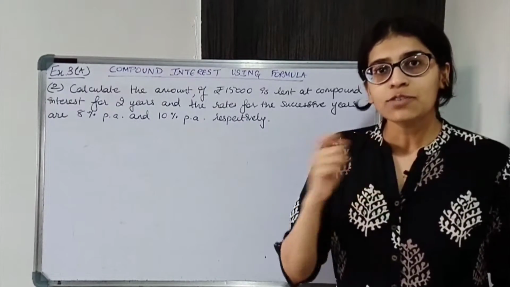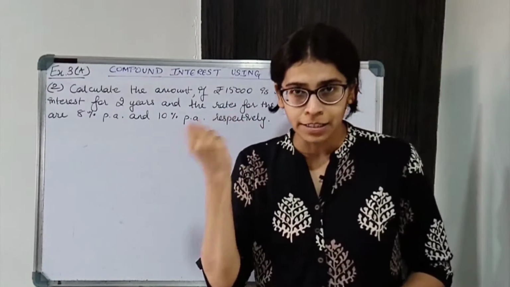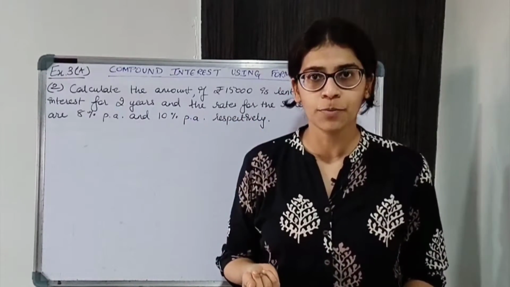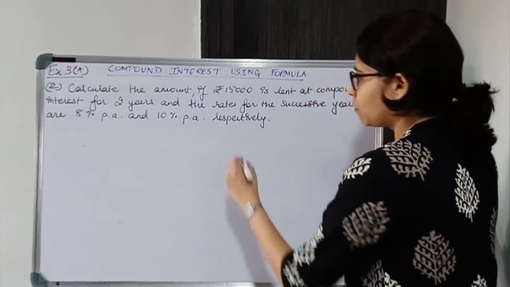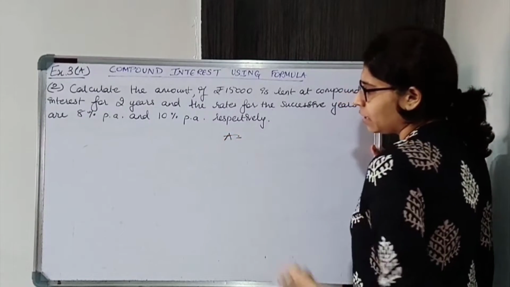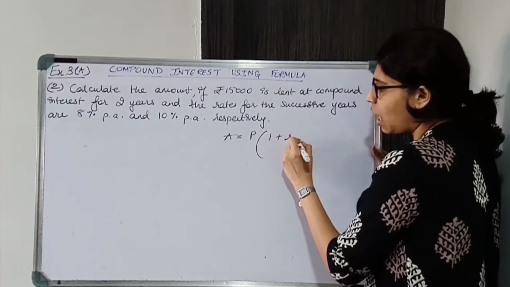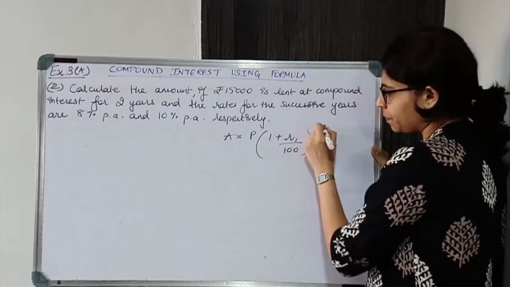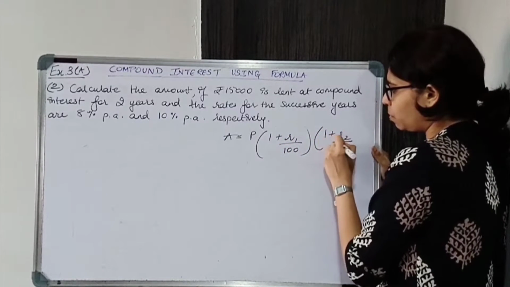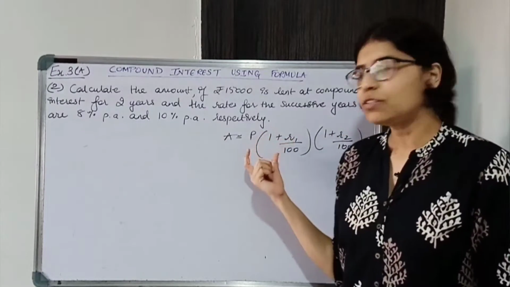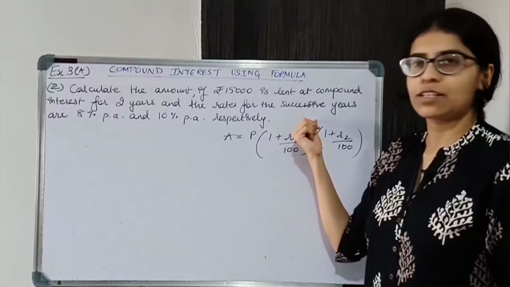So in such a case, the formula for amount is a little different. It is a modified formula which I showed in the introduction video. Okay, let us just see what the formula is going to be. Amount will be P into 1 plus R1 upon 100 into 1 plus R2 upon 100. Okay, so normally the formula is P into 1 plus R upon 100 raised to n.